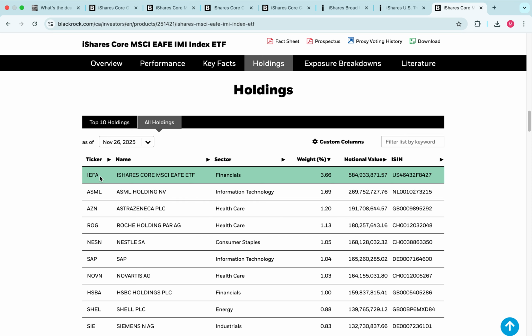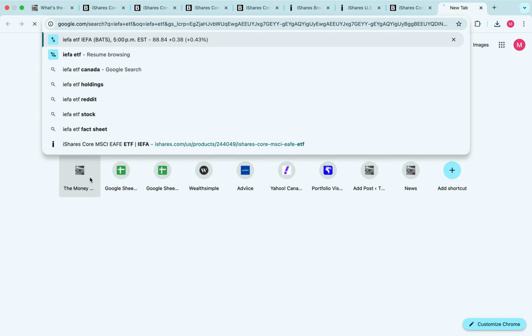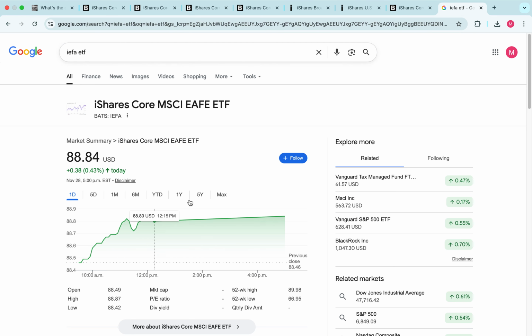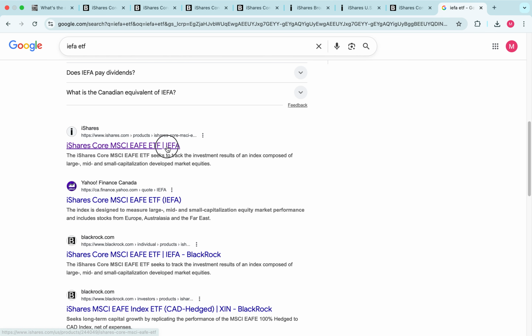So I'm not accurate here with respect to the amount of ASML I have in my portfolio. The way to get the total amount of ASML would be to take this and add another 3% of whatever it holds in IEFA. It's not going to be a lot, but that's where you can get into a little bit of trouble. When the fund of funds is also holding funds, it can get kind of complicated.